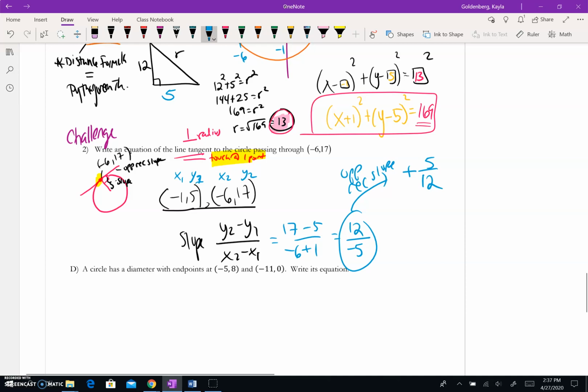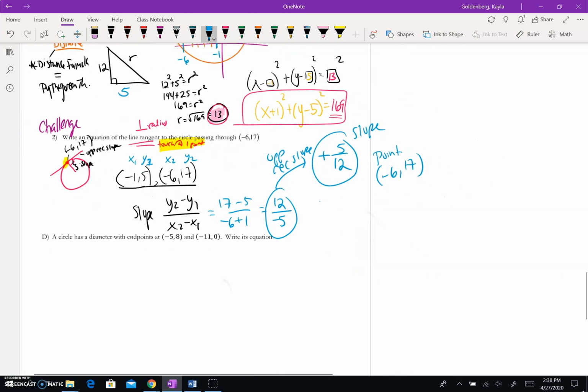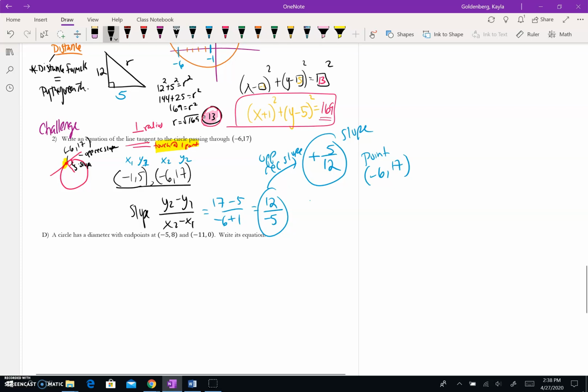So now from here, I know that this is the slope that I want to use, right? And I know I need to go through the point of -6, 17. Now here is where we get to a point where there's two different ways you can go about this. If you remember point slope form, which is y minus y1 equals m times x minus x1. And remember, point slope form is really just taking slope.